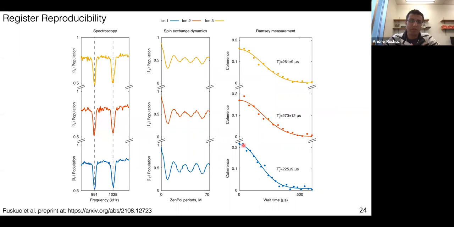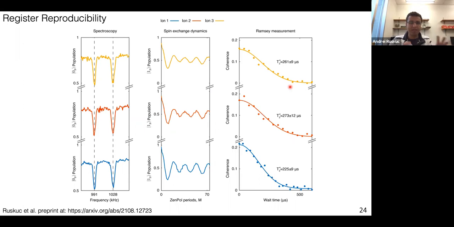We also demonstrate that this register is reproducible by measuring the 3 different Ytterbium ions inside our optical cavity, ion 1, ion 2, and ion 3. And we measure both the C transition spectrum, the spin exchange dynamics, and also the motionally narrowed Ramsey coherence time for all 3 of these ions.